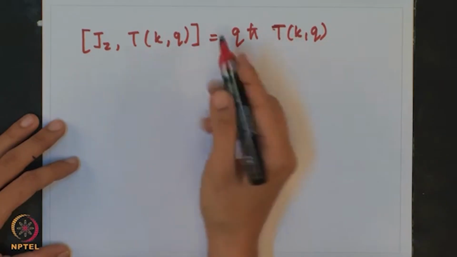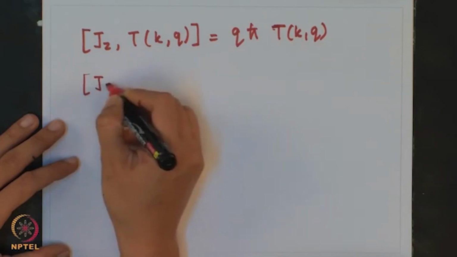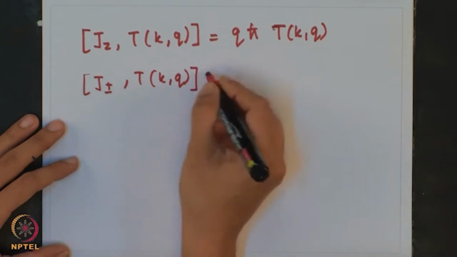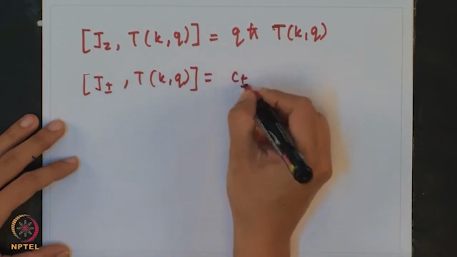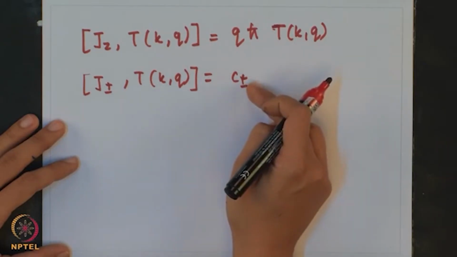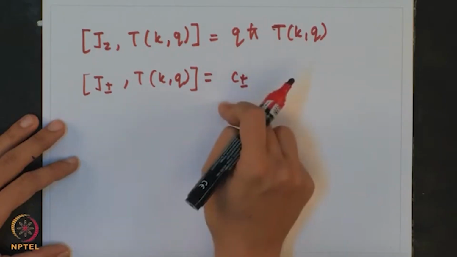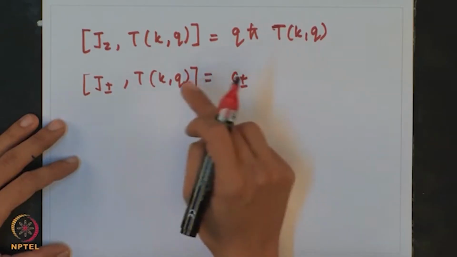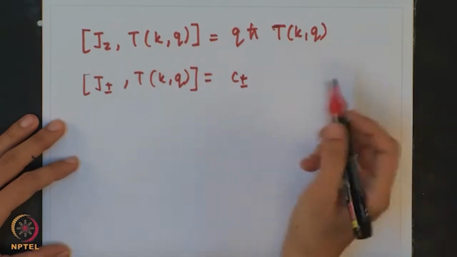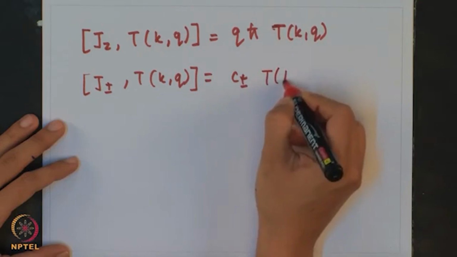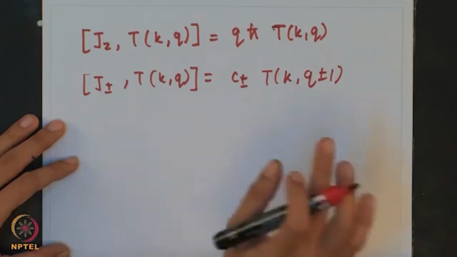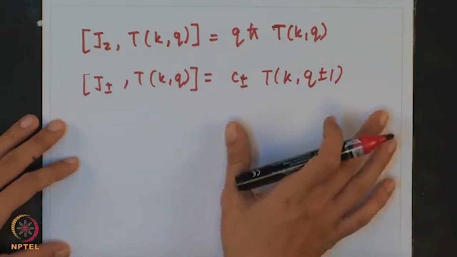So, it is not a new thing for you, but I am just trying to recollect it for you all, so that you can directly apply it in the problems. Here I am not sure about the plus and minuses, so I just write it as C plus minus. You will have this h cross square root of (k plus or minus q) into (k minus or plus q plus 1) T k q plus or minus 1. So, you have to check that part. You already have this with you, but this is just a hint, an outline, so that you go about the fourth problem.